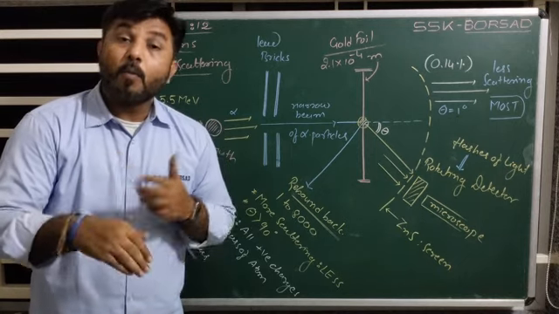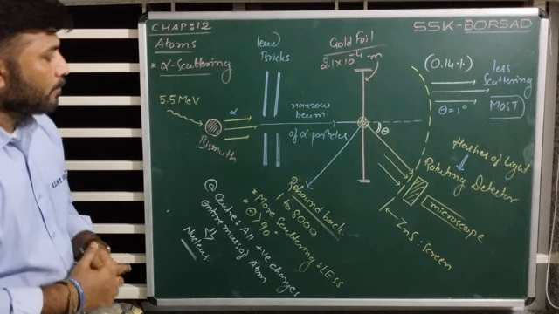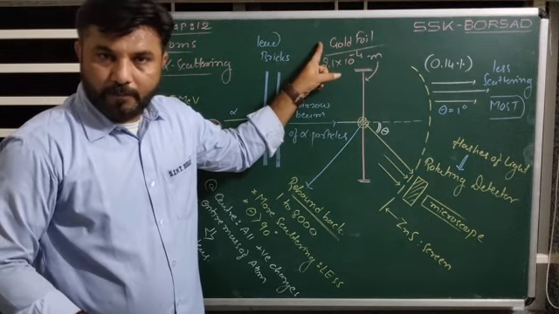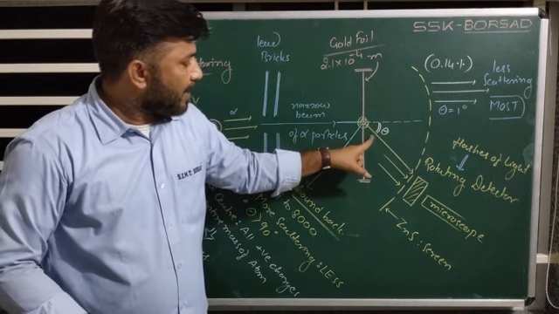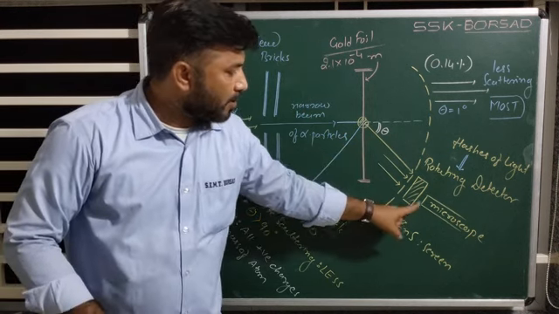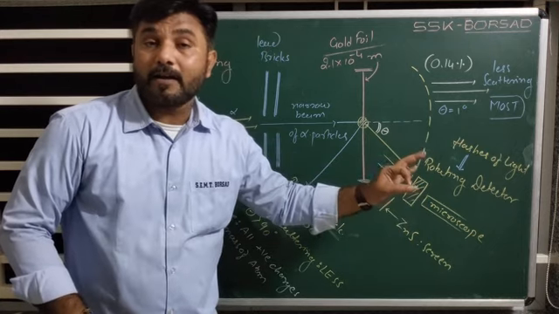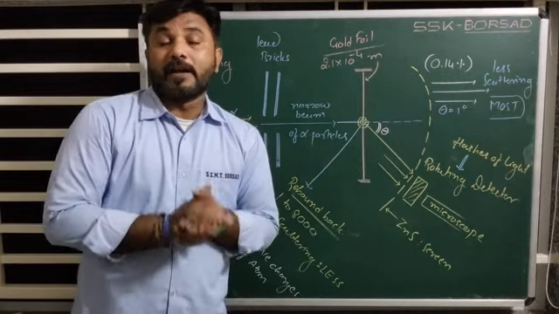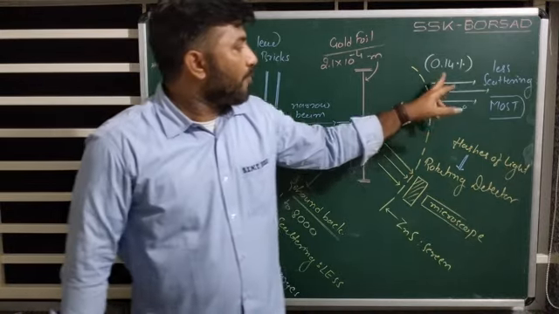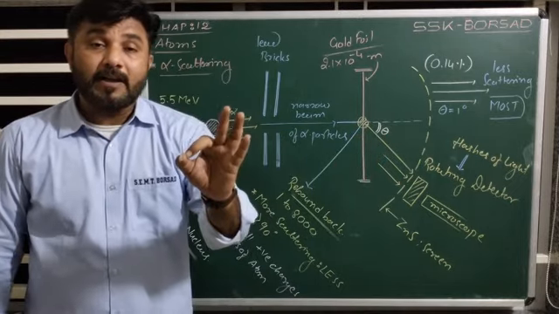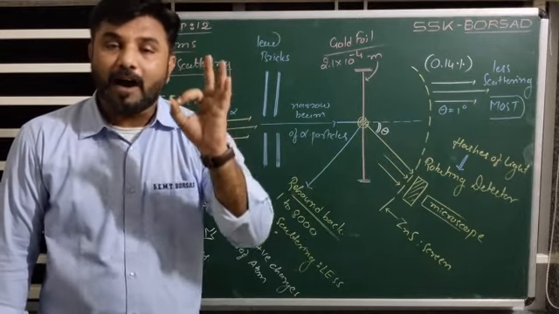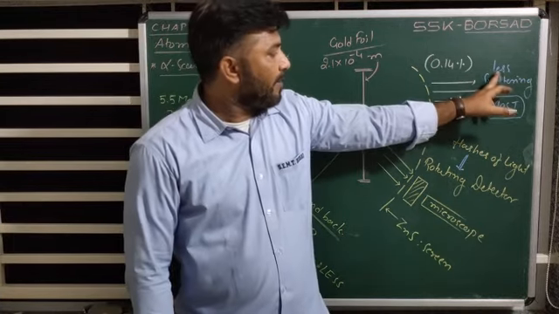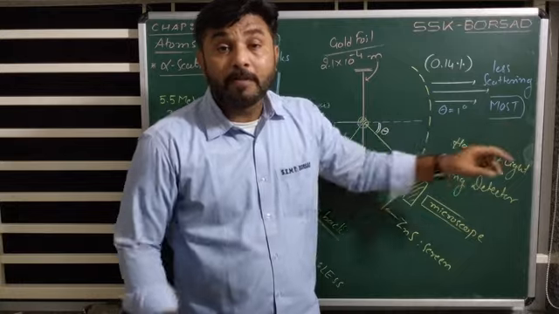Let us see the conclusion once again. When a narrow beam of alpha particles gets incident on a gold foil, the scattering of alpha particles is observed by the rotating detector and microscope. It is concluded that 0.14% of all incident alpha particles have scattering.